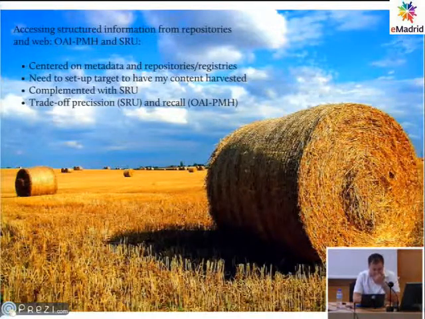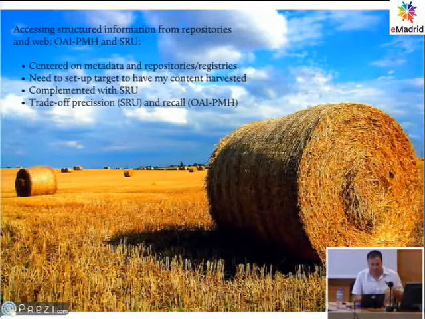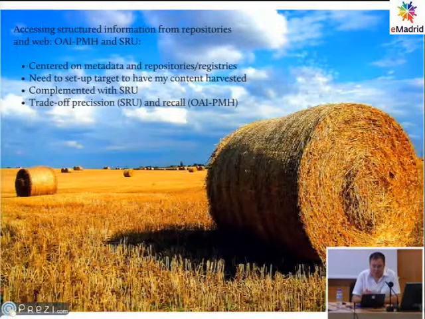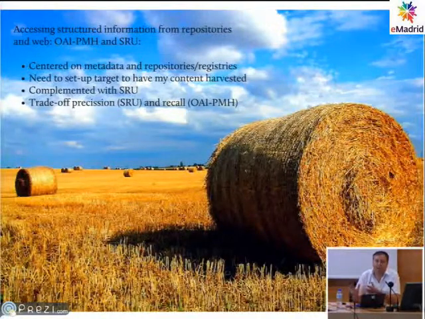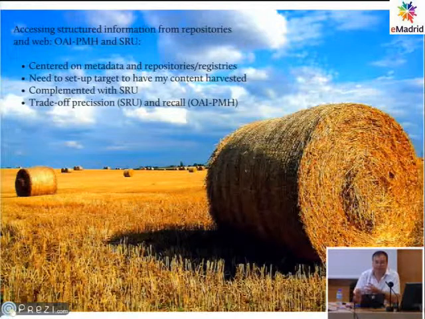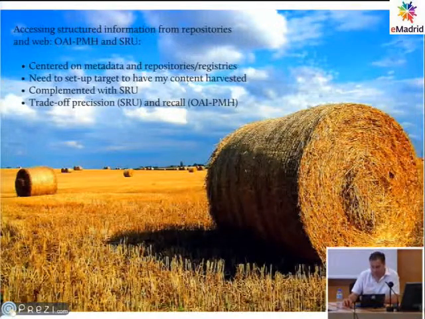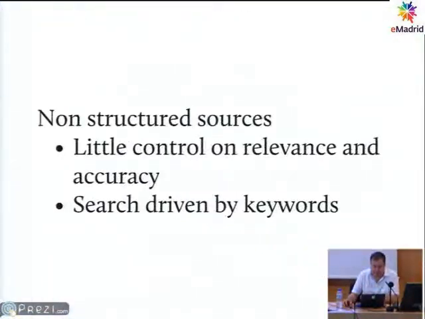So what we have here is some balance between a very precise search going directly to the URL, obviously, and the other one that can be very effective, but maybe using this harvesting, what we call recall, means that we can be very, very exhaustive, retrieving everything that is interesting, but we can also be very ambitious. So maybe we retrieve something that we don't need. So that is the balance between going directly to the URL and going to the harvesting technology.